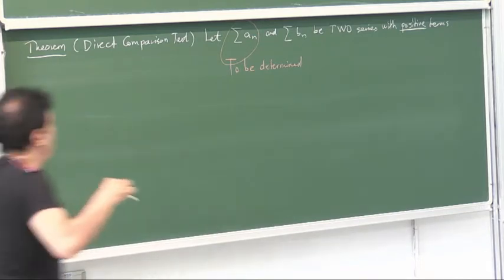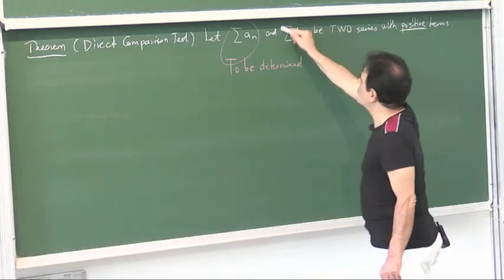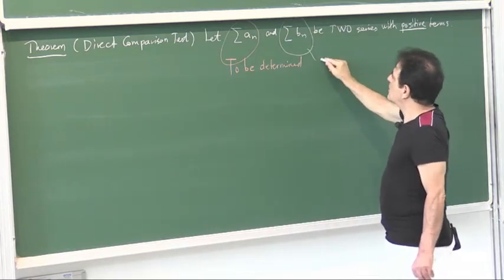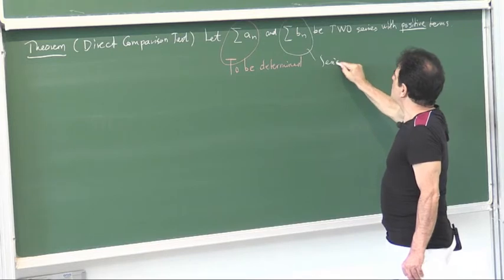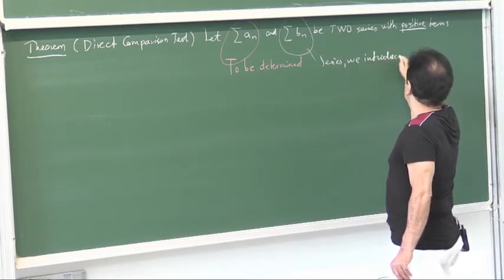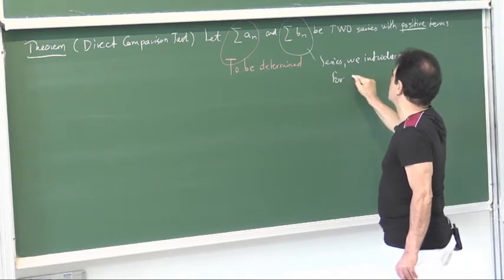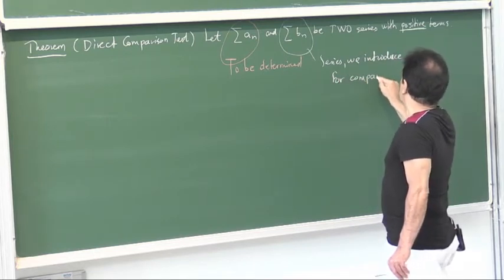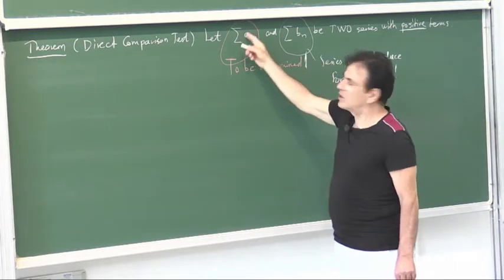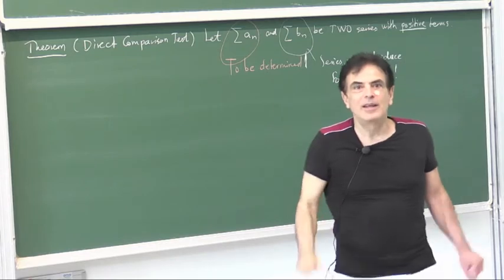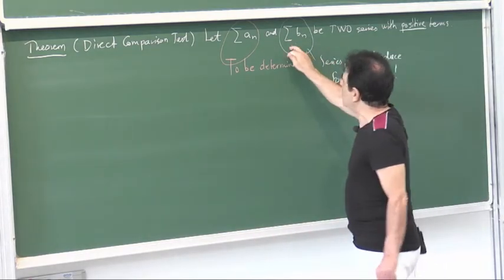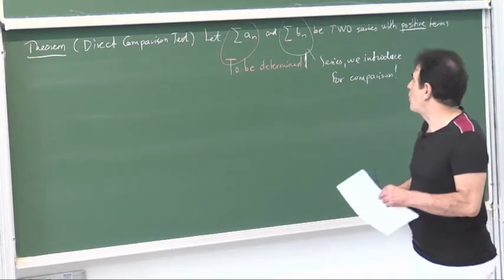As a convention, this is the series we introduce for comparison. So usually we are given the first series, sigma AN. We examine this series and we introduce a second series, let us denote it by sigma BN, for comparison.